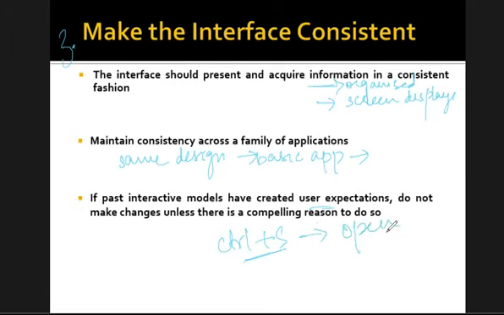If that is very much necessary, then only you need to change. If you've got a very valid reason, then only you need to change that specific shortcut, or else you should not make any changes within this specific mode.